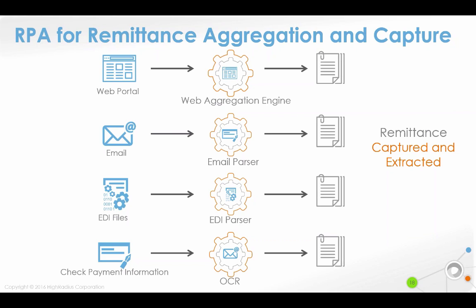If it's an EDI file, then we'll see an EDI parser would go in and be able to extract that information from that EDI file and populate it into the system. And in the same way, OCR is also part of RPA insofar as if it's a check payment and the check information is coming in, that OCR can scan that image and be able to capture that data for that remittance information.